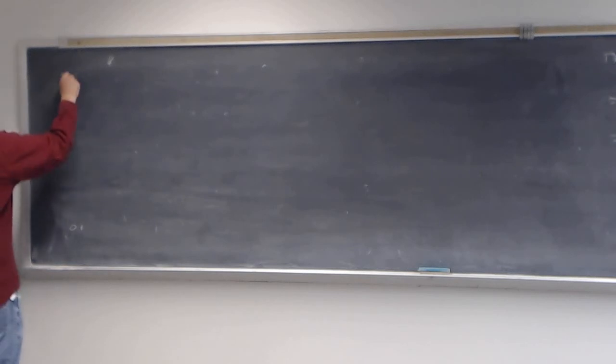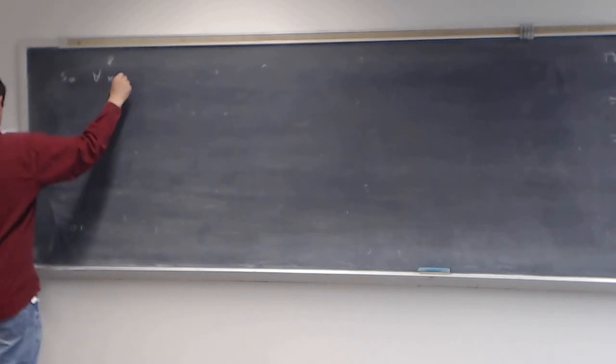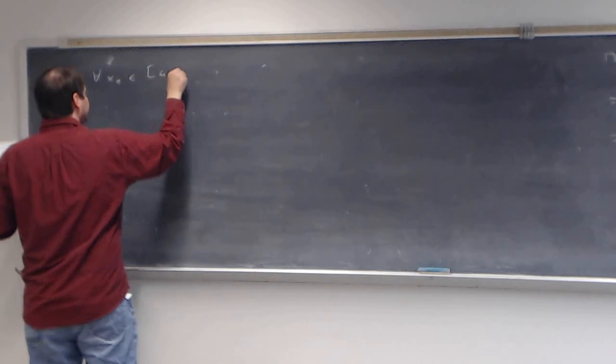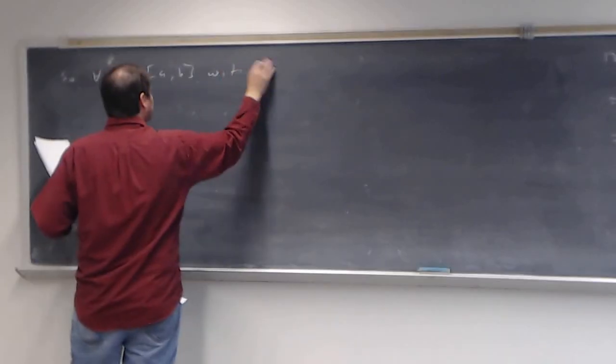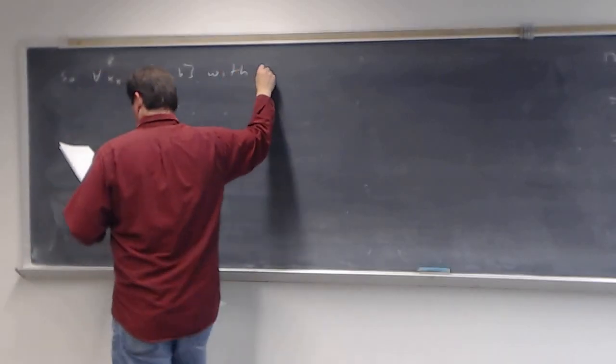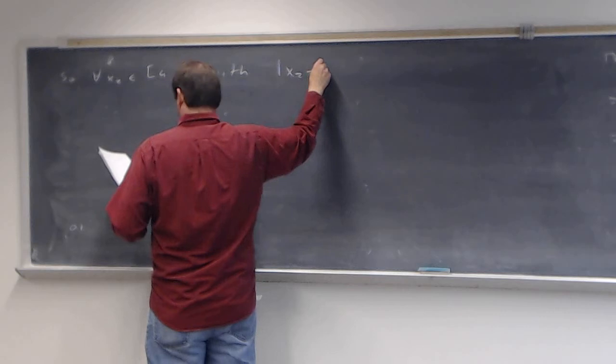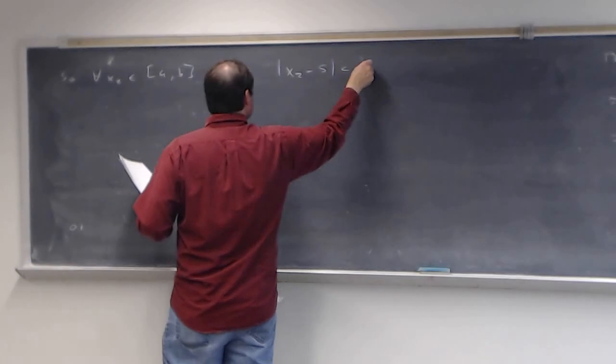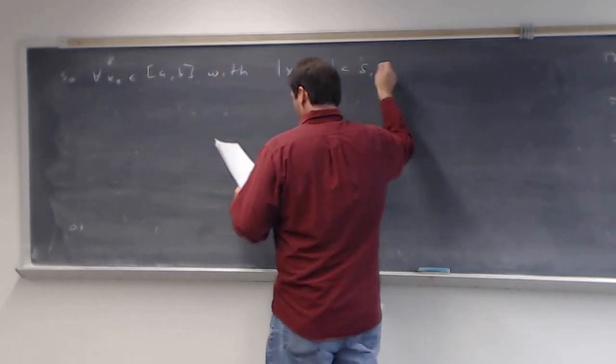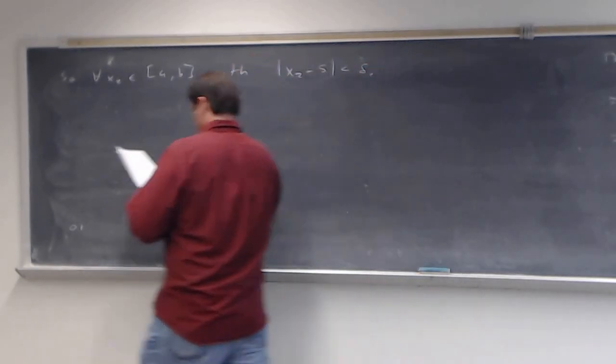So, for all x sub 2 element of [a, b] with absolute value of x sub 2 minus s less than this delta, here's what we have. A series of things.